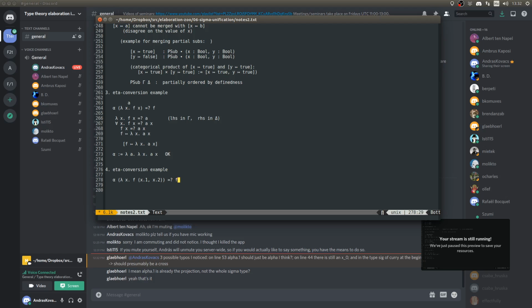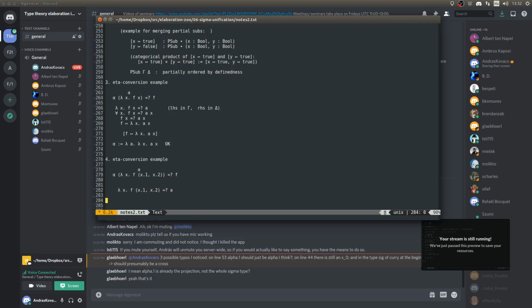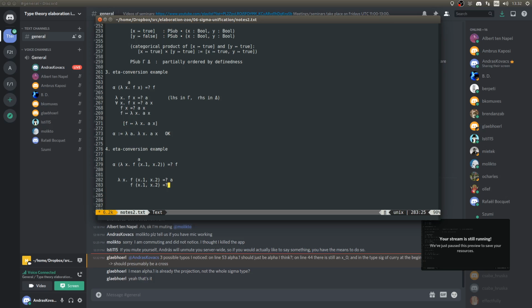Maybe I want to unify this with f. Okay, so here I'm unifying lambda x dot f x.1 x.2 with a. So I'm just introducing x as a new bound variable to this problem. So I have f x.1 x.2 equals ax.